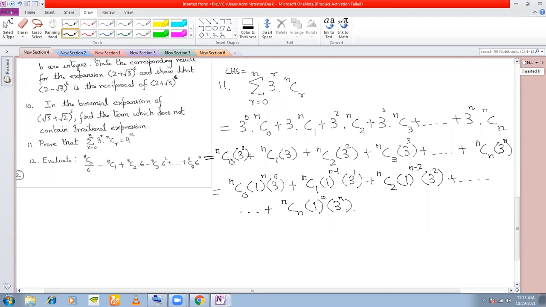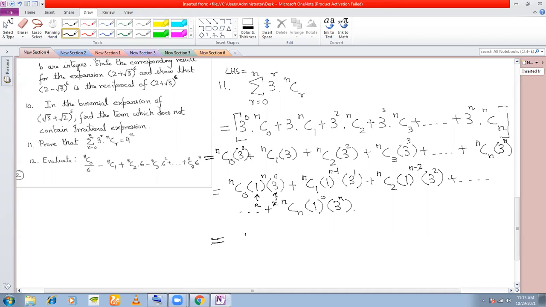Yes, sir. But the question is, why did we write it this way? We wrote it this way because we want to express this sum as a binomial. Now, if you see, this is nothing but, which one is a here? This one is a. And which one is x? This is x. And n is here.